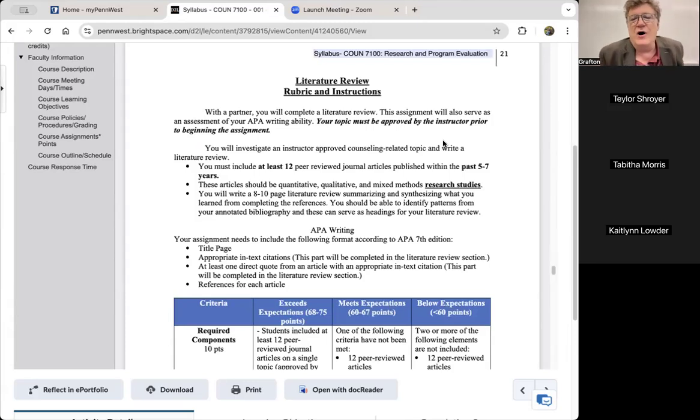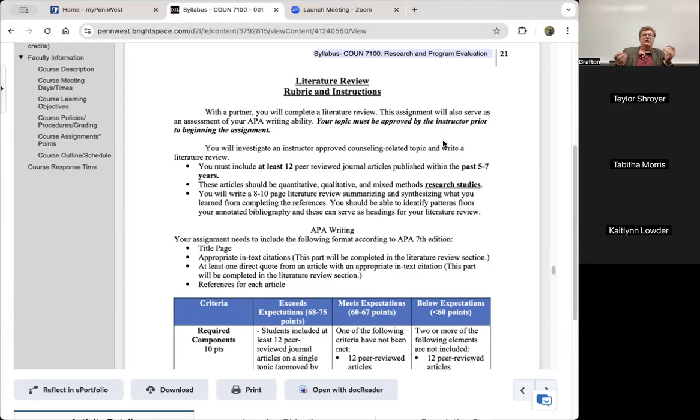They want 12 articles, 12 references, and that would be like a minimum. So for this assignment, you're just going to put it in APA. It's only a reference page for the second part of what's due next week.